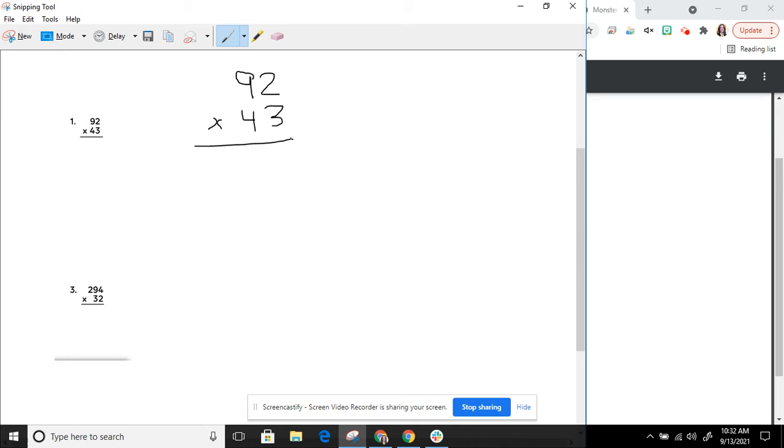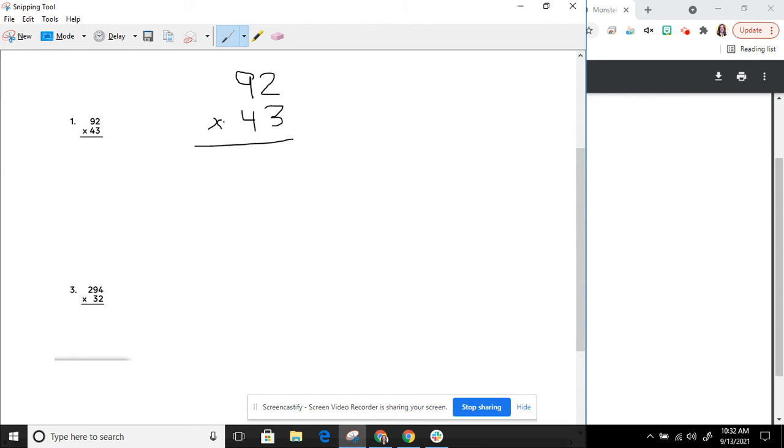So this is called the turtle head method. And all that means is it sets up the problem so that you can follow each step correctly when multiplying a double digit by a double digit, like this problem here, or even a triple digit multiplied by a double digit like we see here for number 3.